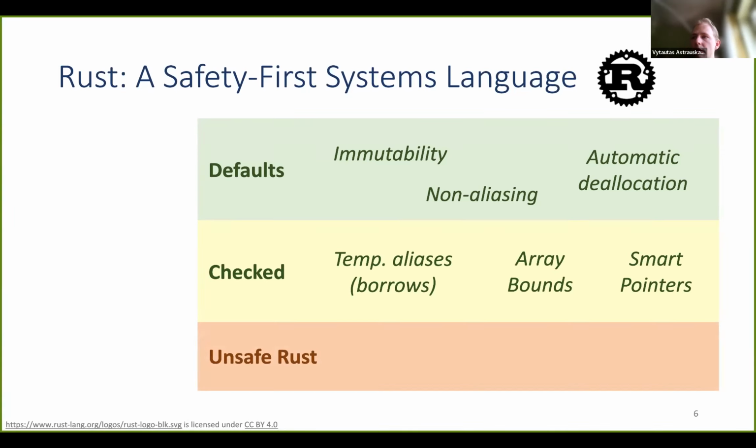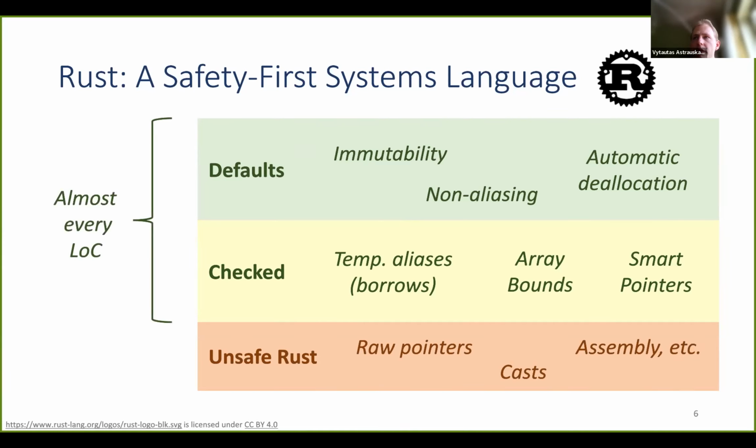And since it's a systems programming language, there is also unsafe Rust that allows temporarily disabling these properties, and there you can use more C-like features like raw pointers that are unchecked, unsafe casts, assembly, and so on.